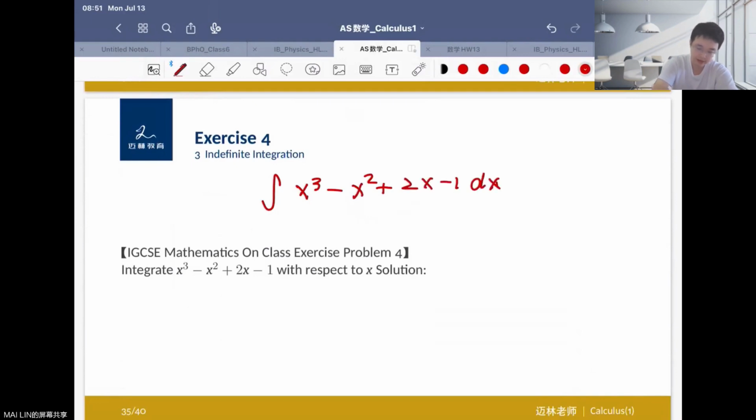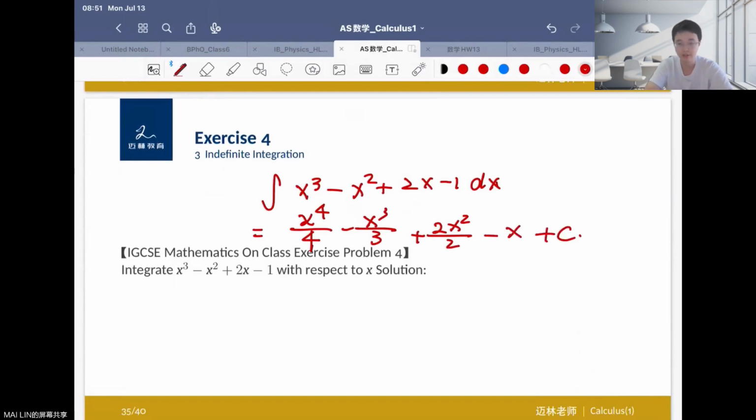Then x cubed becomes x to the power 3 plus 1, that is x to the 4, divided by the new power 4. Then minus x squared, the power 2 plus 1 is x cubed over 3. Then plus 2x squared over 2, and then minus x plus c. That is the total equation here.